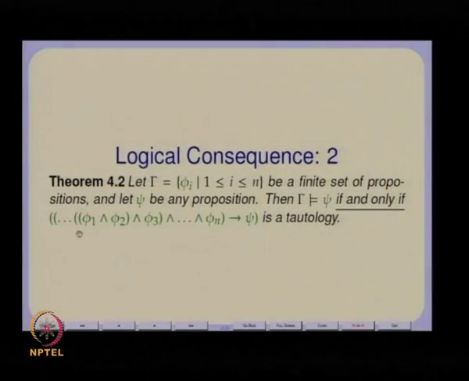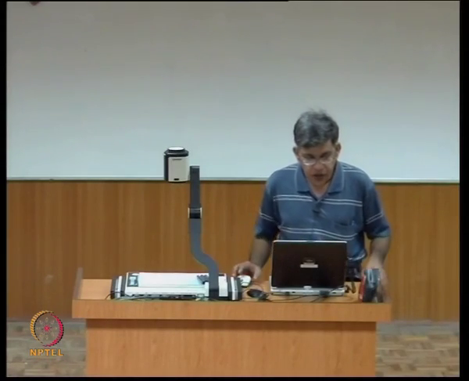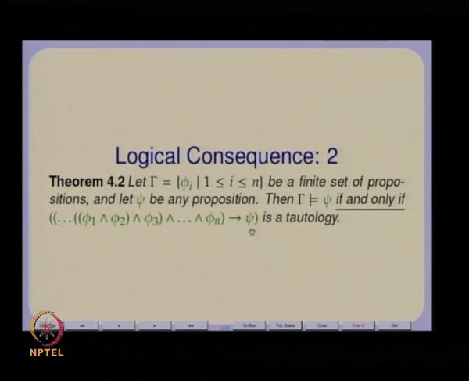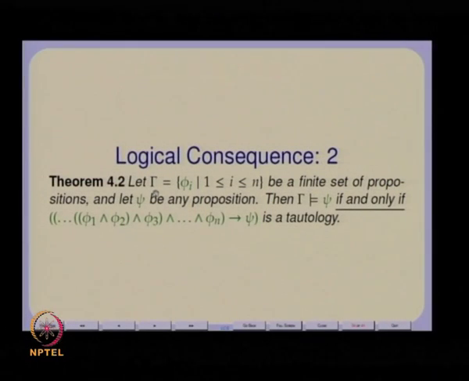So, if gamma were an infinite set, then I would not be able to form a well formed formula in the language of propositional logic. Is that clear? Because I want to form a single formula out of the entire set gamma and the formula psi, a single formula has to be of only finite length or finite depth, and therefore there cannot be infinite.